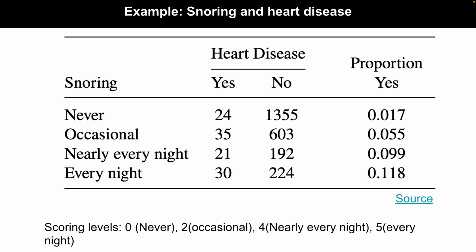But of course, we have more information if we don't collapse it into proportions, because 24 by 1355 versus, let's say, 240 by 13550 will give you the same proportion, but you have more power and more information if this number was high.